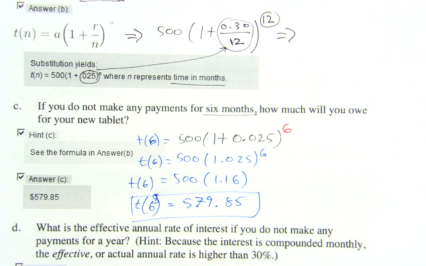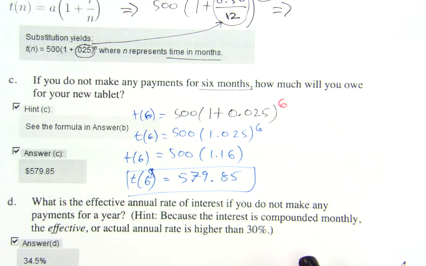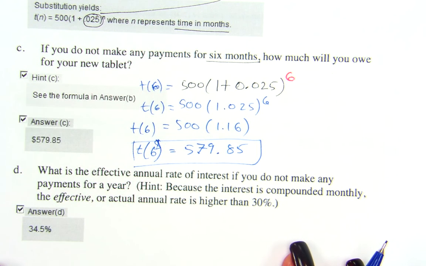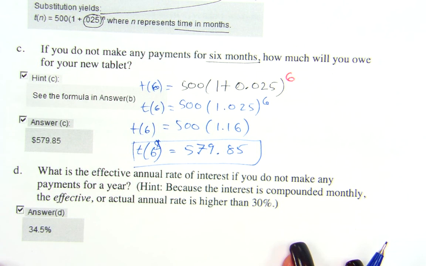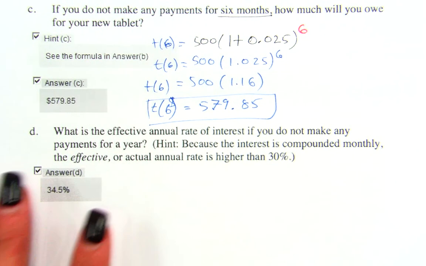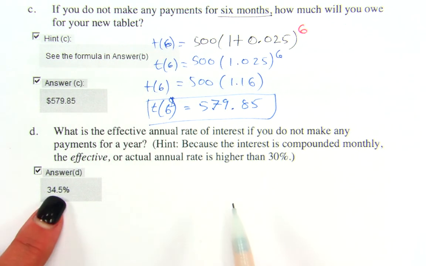Okay, what is the effective annual rate of interest if you do not make any payments for a year? Because the interest is compounded monthly, the effective or actual annual rate is usually higher than 30%. I don't know how they're doing this, but okay. I don't want to look in the key. I kind of want to figure this out. Okay, so I want to know 34.5%.